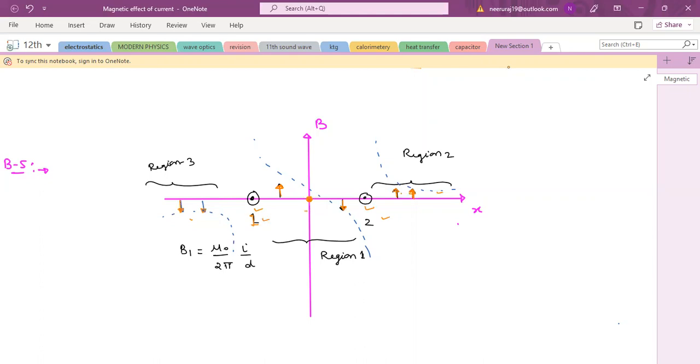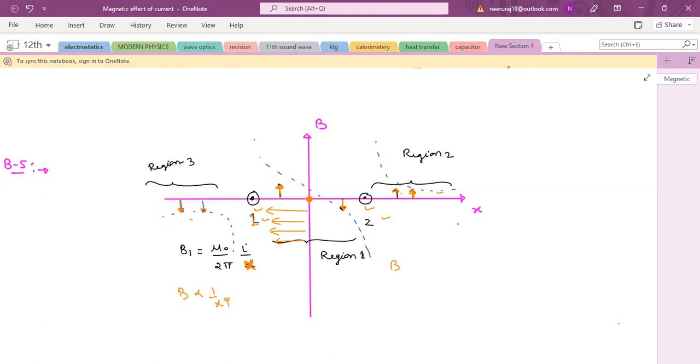Now बच्चों, if you look only at this side, इधर की बात करें हम लोग, तो बच्चों field में जो होता है, μ0 I by 4π d. So this is the field due to 1. Let me call this x, right, बच्चों? And the field due to 2 is also similar. So बच्चों, the field is inversely proportional, 1 by x. इसका मतलब है बच्चों, जिसका distance कम उसका field ज़्यादा.